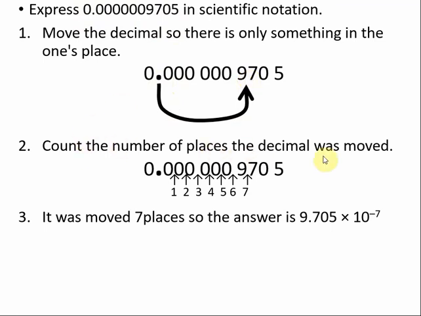Count the number of places the decimal was moved. And you can see here, we had moved it 7 places. There's 6 zeros, but we moved it past this one. This last one right here, it moved past 9, so that was the 7th place. So the answer is 9.705 times 10 to the negative 7.